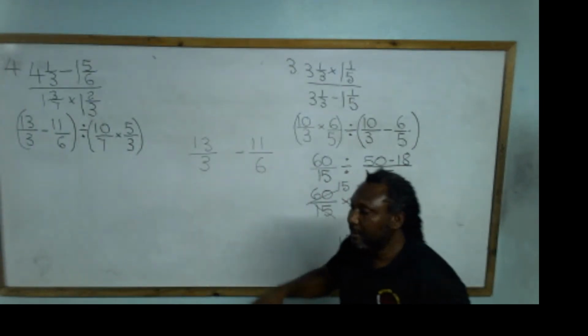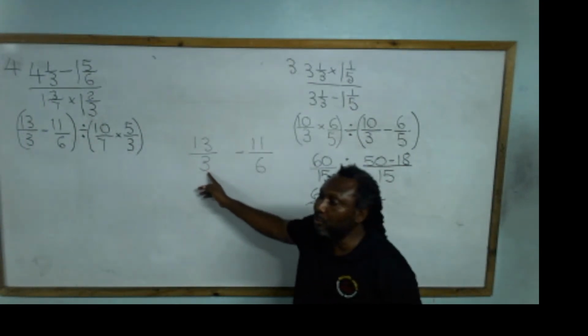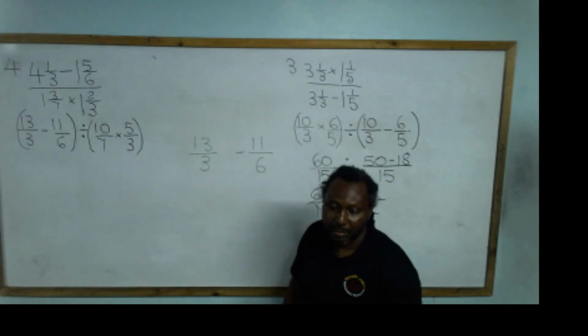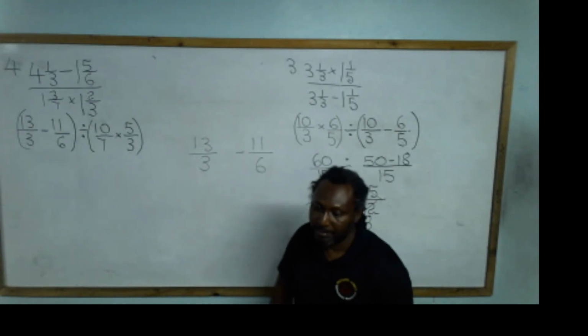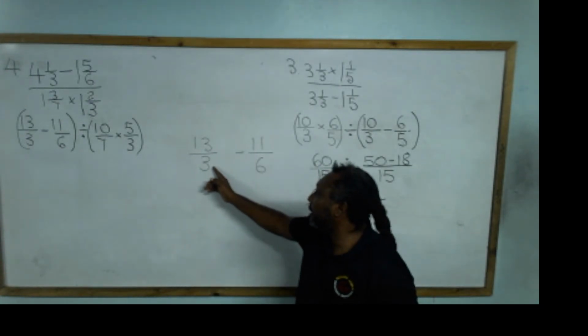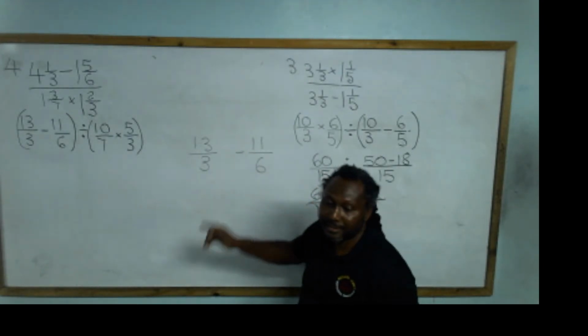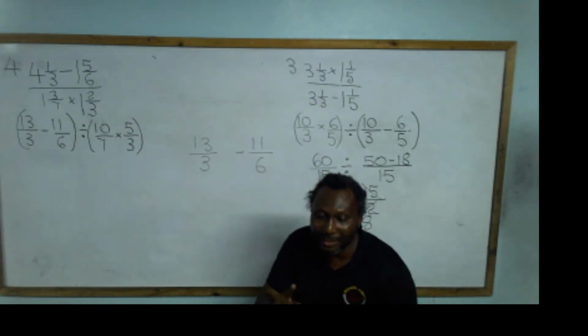Now students, you have a problem like this, you should be able to do it in one step, in your mind. 13 over 3 minus 11 over 6. Pay attention because I'm not going to explain it again.